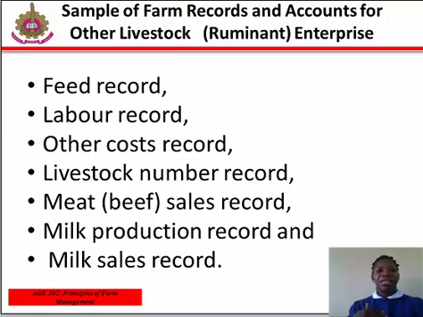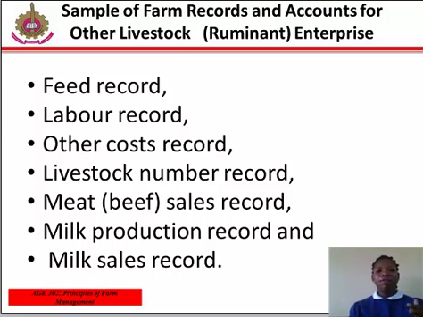So the following are the records that should be kept for other livestock: feed record, labor record, other cost record, livestock number record, meat or beef sales record, milk production record, and milk sales record.